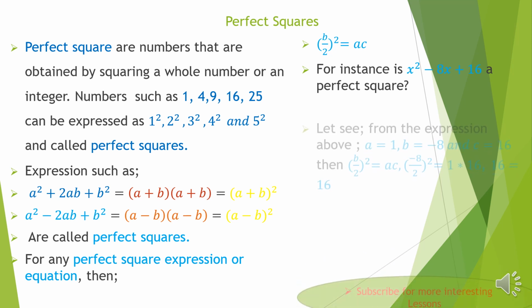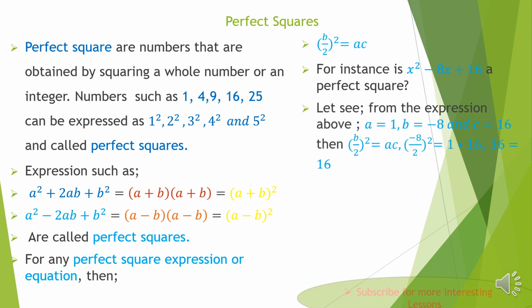And by so doing, realize that from that expression, a is 1. Why 1? Because we know a is the coefficient of x squared, which is 1. b is the coefficient of x. Now, b is going to be negative 8, and c is actually the remaining constant, which is 16.